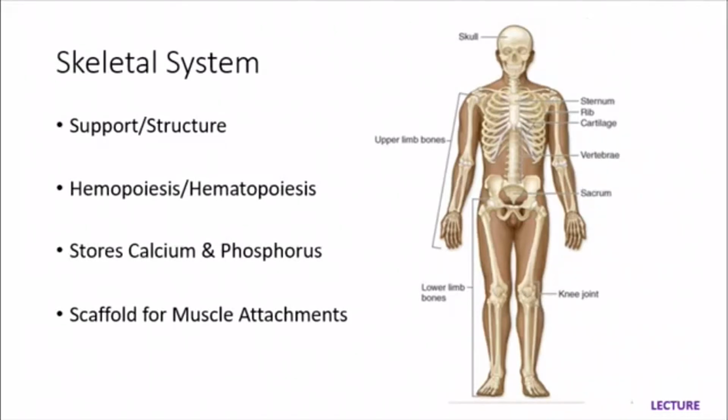So the actual solidness of the bones is coming from the hydroxyapatite, which is a large salt crystal that stores lots of calcium and phosphorus there. We're also going to be a scaffold for the muscle attachments to facilitate movement along with the muscular system.